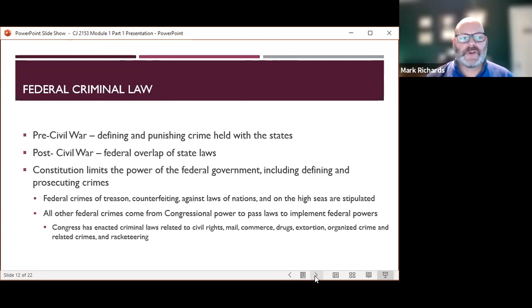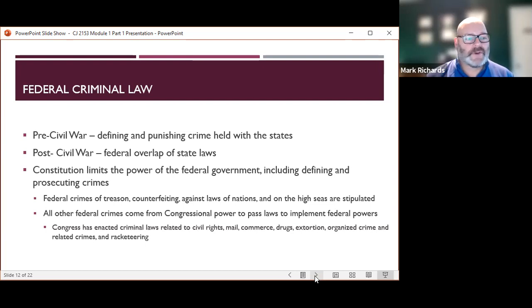In terms of federal criminal law, in pre-Civil War America, the manner in which federal criminal law was defined and punished was held within the states. Post-Civil War, you had this federal overlap of state laws. Of course, the Constitution limits the power of the federal government, including how it goes about defining and prosecuting crimes.